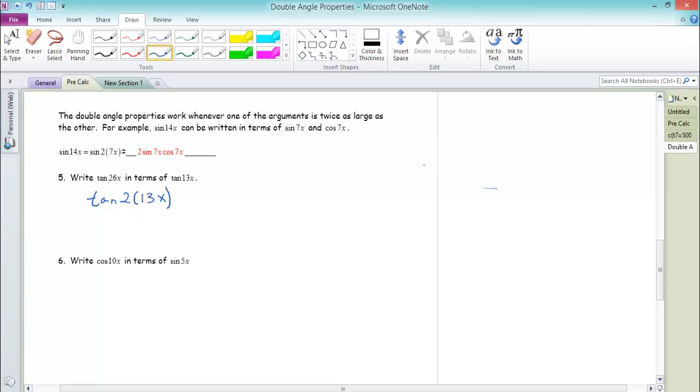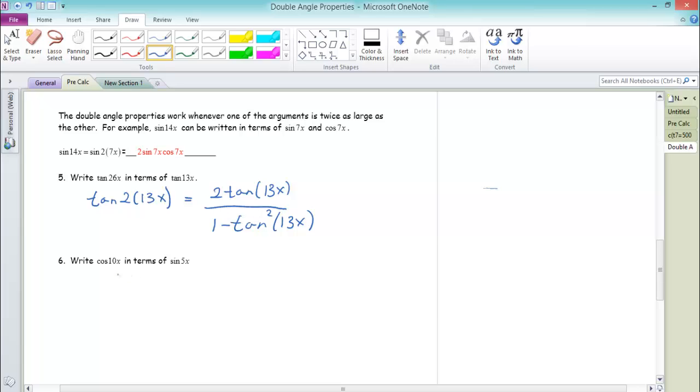We know that our double angle formula for tangent is 2 tangent of 13x all over 1 minus tangent squared of 13x.